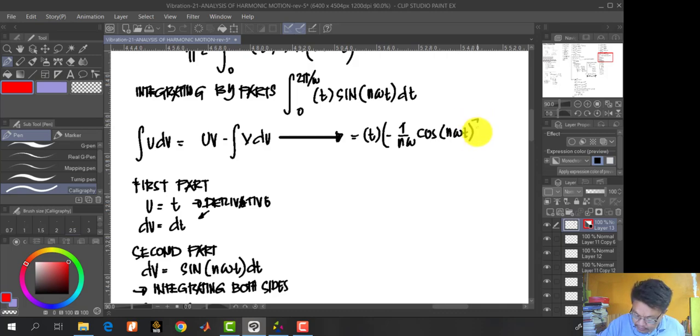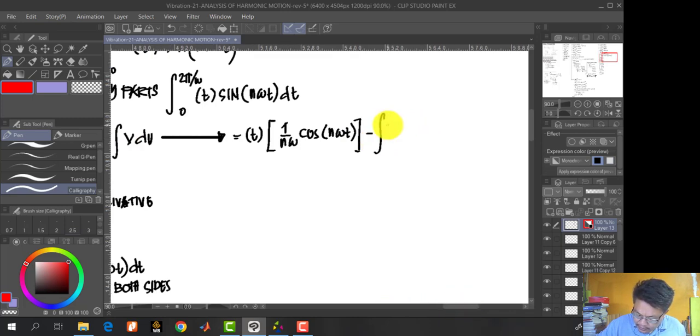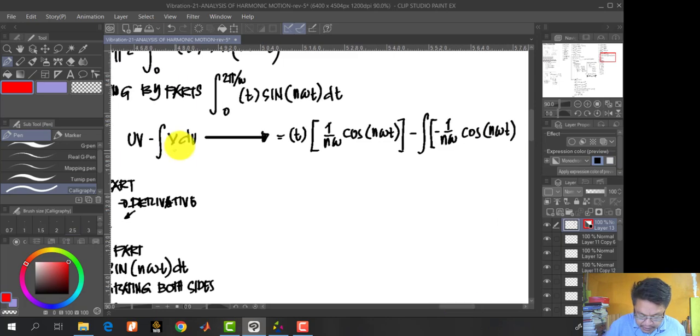Let me close the bracket here too so they are the same. Then this is minus the integration of the value of v. This will be negative, so that will be 1 over angular velocity, multiplied by cosine of n, angular velocity times time, the value of v here.